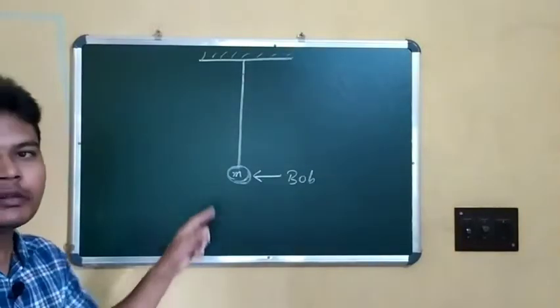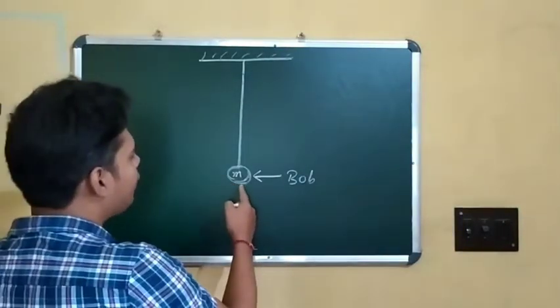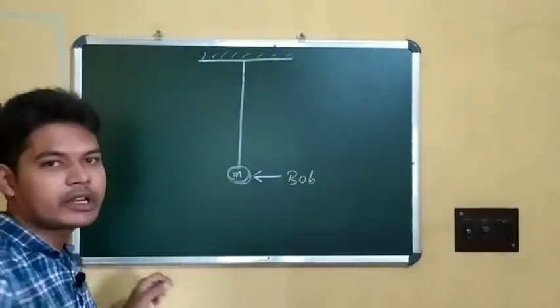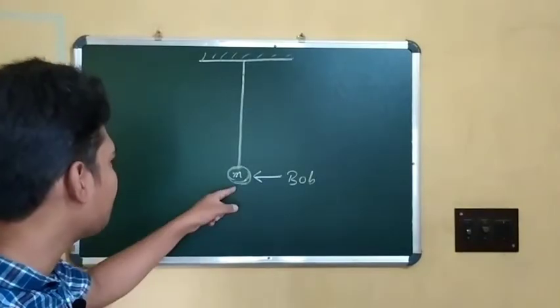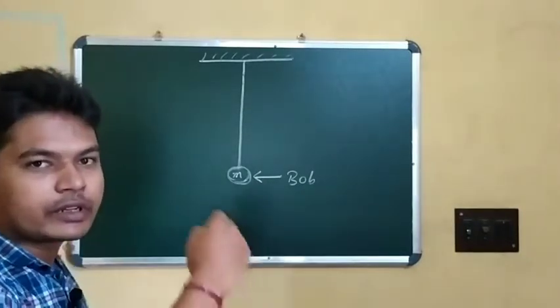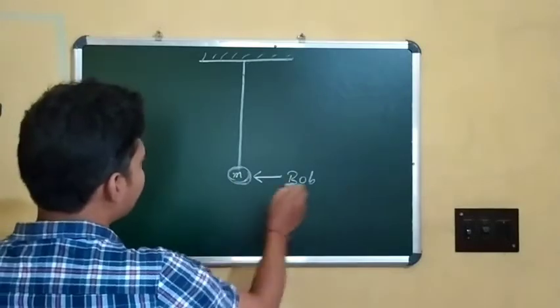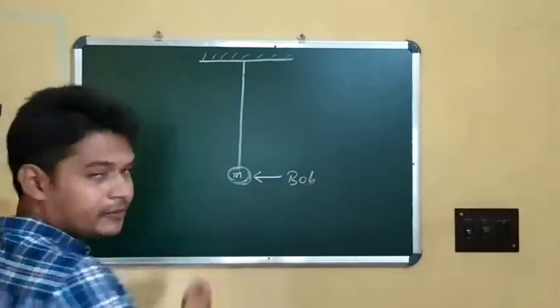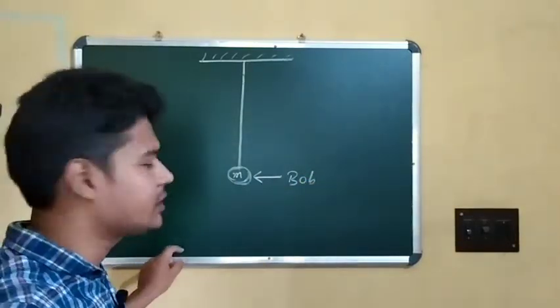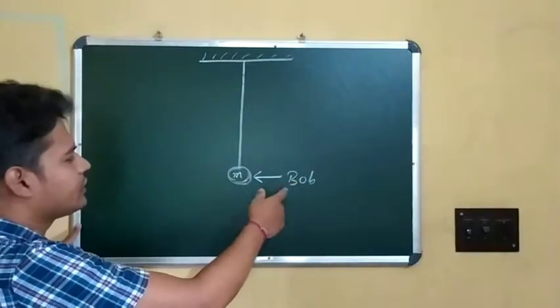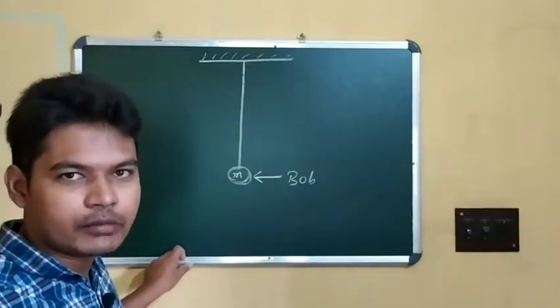It can freely move. Now the motion of this is periodic motion as well as oscillating motion, because it has to-and-fro motion, and it also repeats its path in equal time intervals. The same path it repeats, so it is periodic motion.